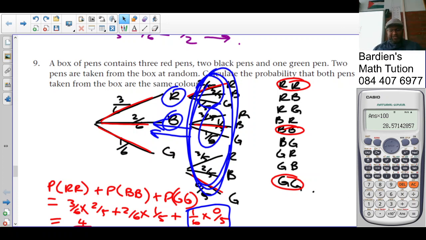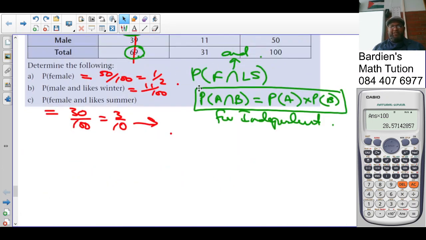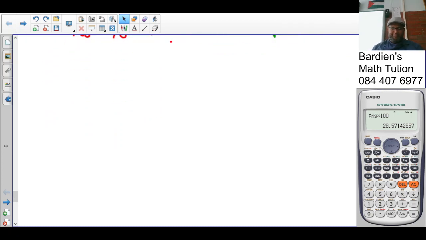Which means if I do the independent calculation on flipping a coin, you will see that the events are independent. Make sense, people? So let's look at example 2, on page 416.